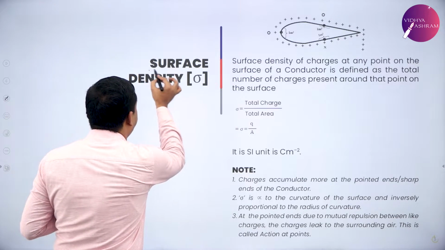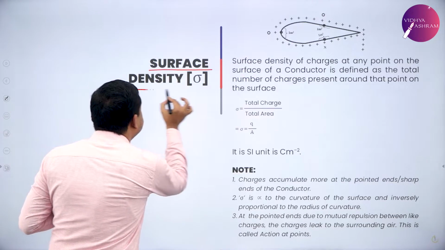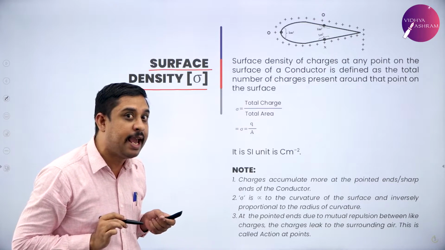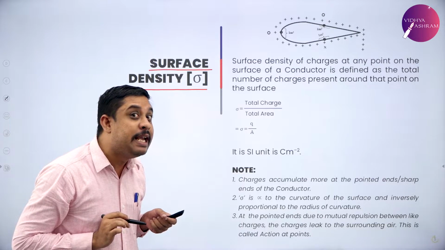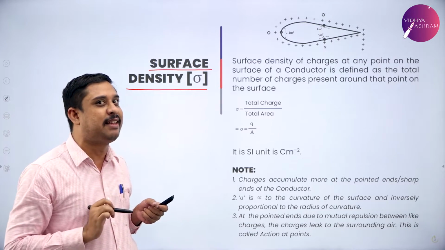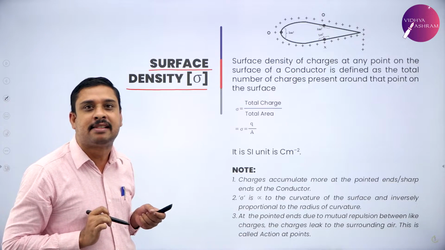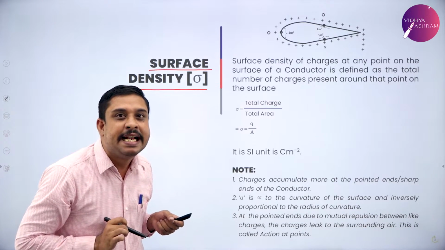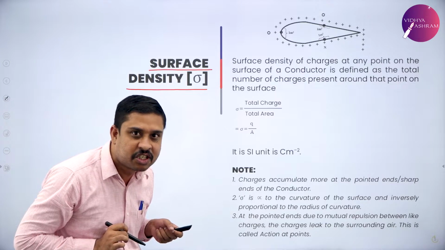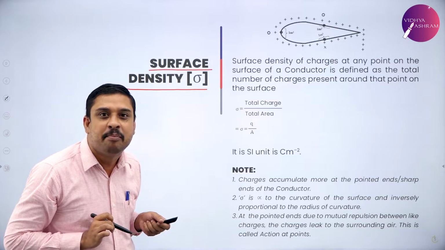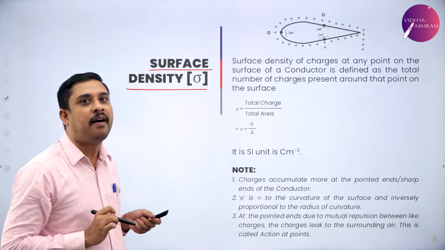The first definition is surface density of charges. In the exam, there is a possibility of it being asked for one or two marks. Probably for 1 or 2 marks. Surface density of charges, represented by the symbol sigma.